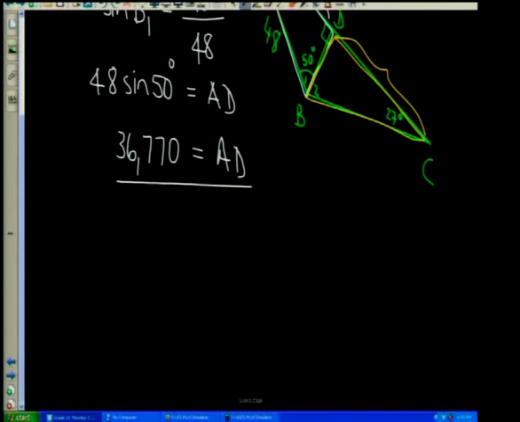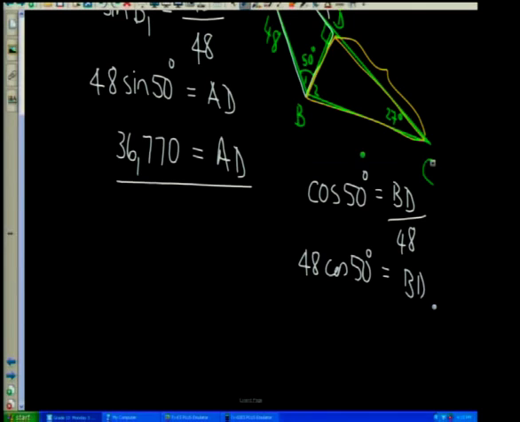Okay, so the cos, let's do this in white. So we've got the cos of 50 degrees is my adjacent BD over my hypotenuse 48. So 48 cos 50 is going to be BD.